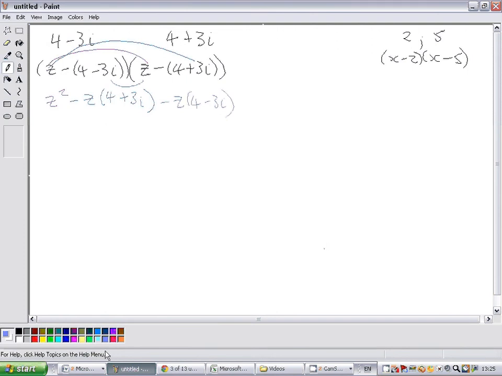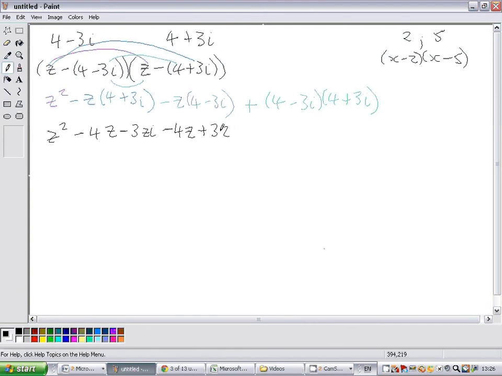And then the last one, this pair, is going to be plus, because they're both negative, 4 minus 3i, 4 plus 3i. Now it looks like a lot to expand, but when you've done quite a few of these, you'll spot little patterns, and I'll point some of them out as we go along. So z squared, obviously at the front, I'm going to have a 4z and a 3zi, both negative, and then I'm going to have a minus 4z again, but now I'm going to have a plus 3zi.